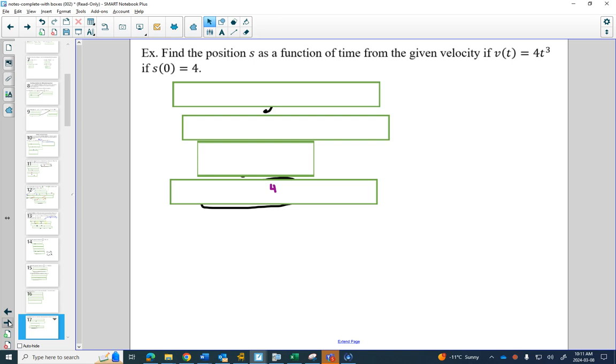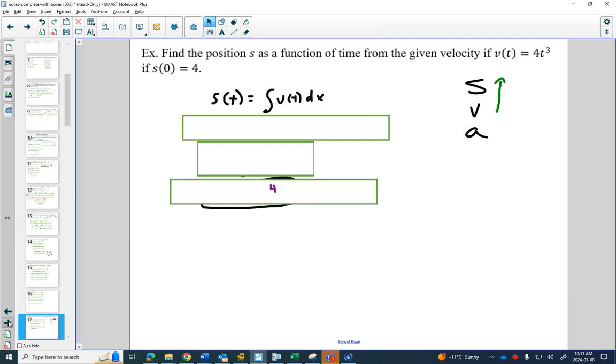So we can have differential equations, of course, in kinematics as well. Right? We want to find S. Think of s, v, a. We have the velocity, so if I want to go back and find S, I'm going to have to integrate. And that's a beautiful little integral.